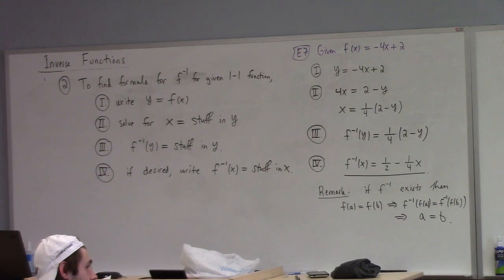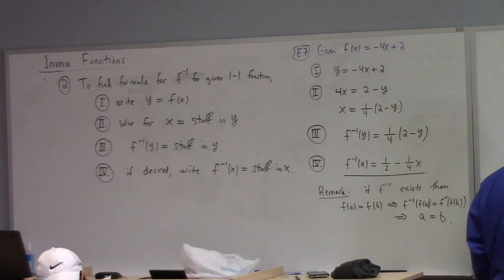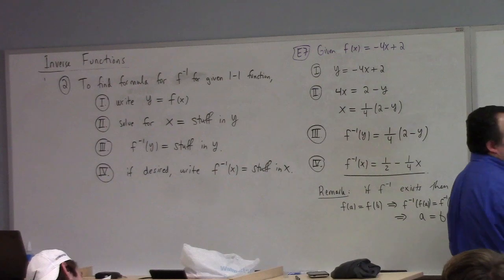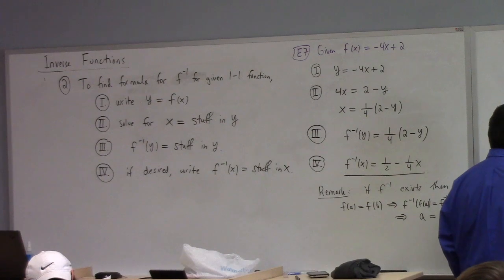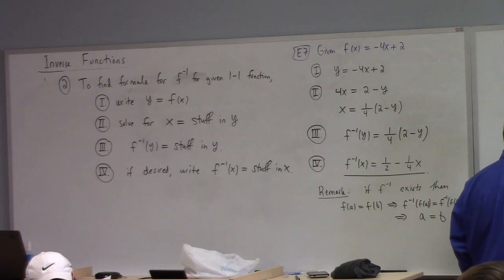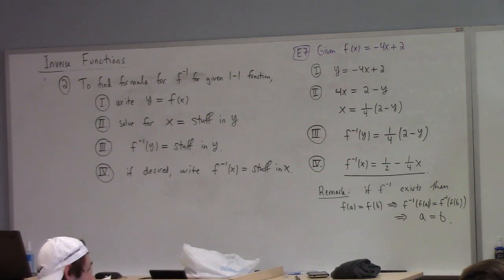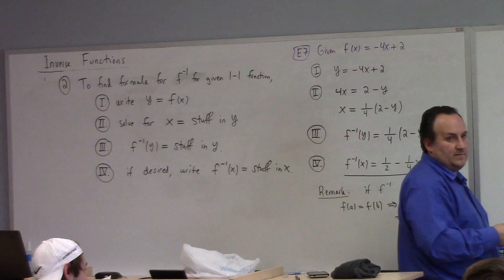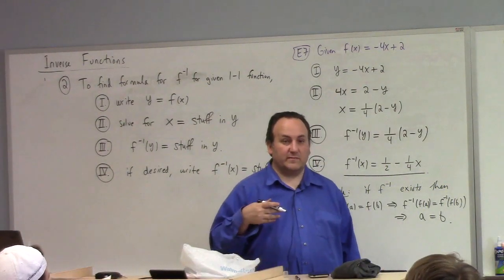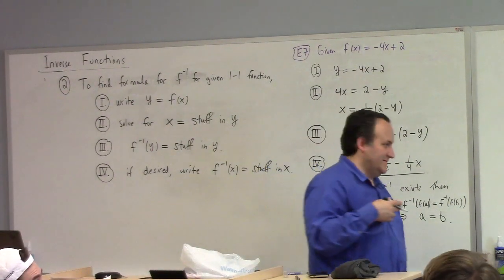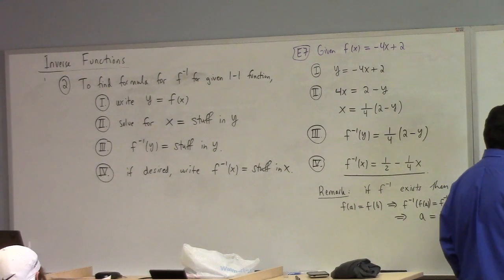How would you figure that out? What you would do is set f of x equal to f inverse of x here, and that would be 9/5 x plus 32 equals 5/9 x minus 32. Solve this equation. Those are lines. They don't have the same slope. They do have to cross somewhere. That's when they intersect, right? So what do I do here?